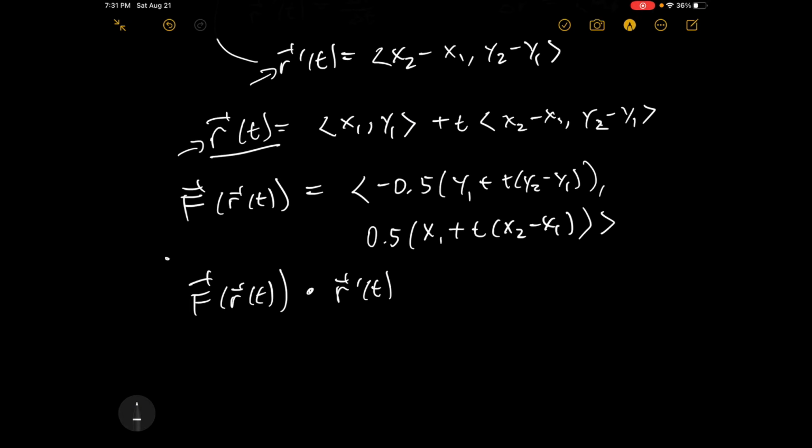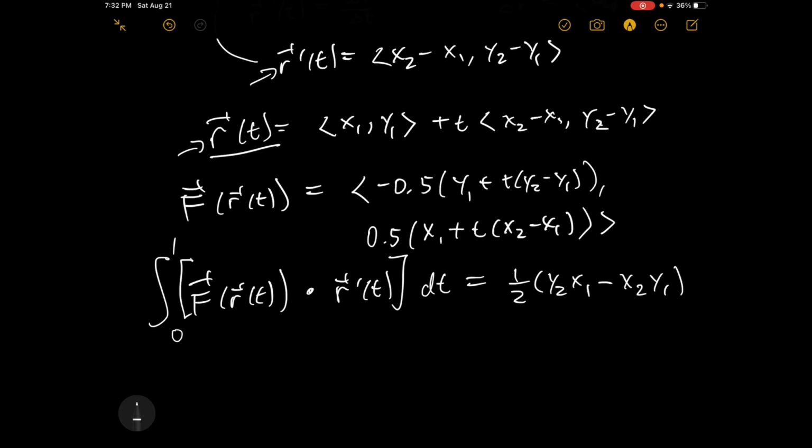And then once we figure out that value, which will be a scalar, we do the integral from 0 to 1. And this is going to involve a lot of distribution, cancellation of terms, etc. So just to make the long story short, it ends up being 1/2 of y2 x1 minus x2 y1.